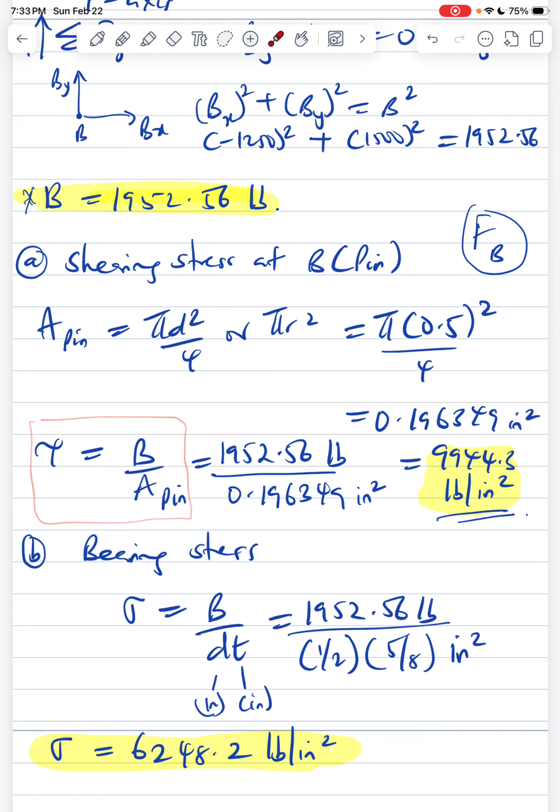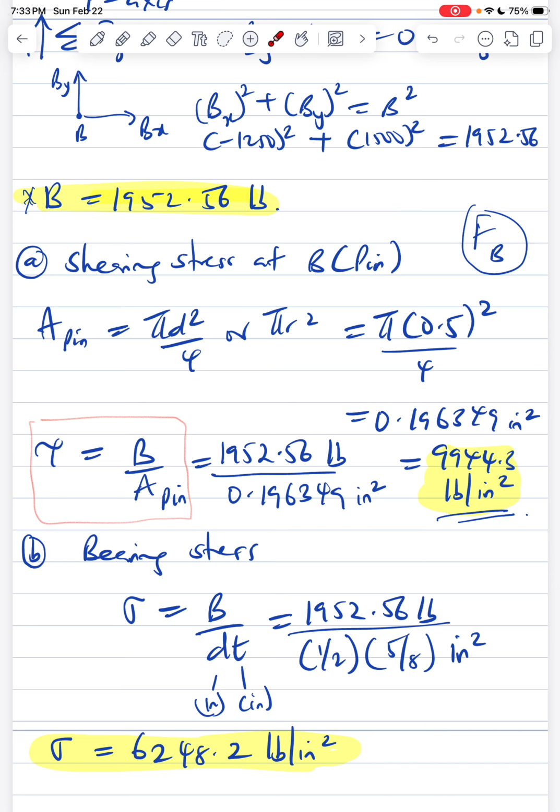Then the shearing stress is the force divided by the area of the pin, so B divided by the area of the pin gives us 9,944.3 pounds per inch squared.